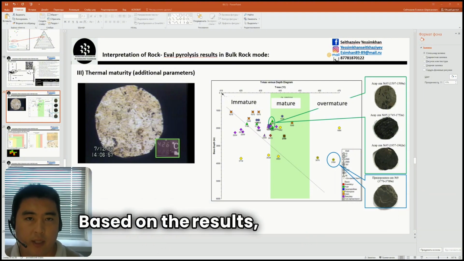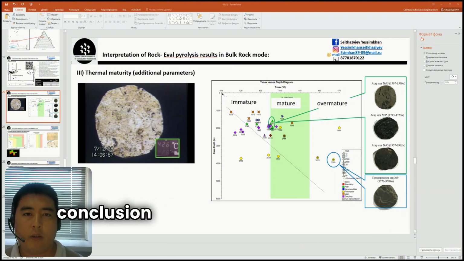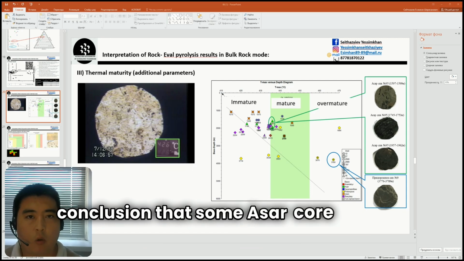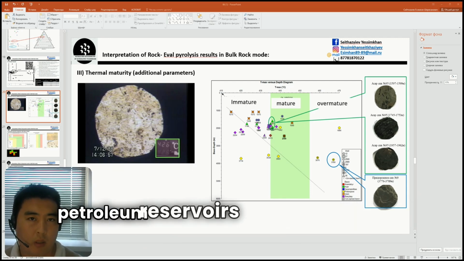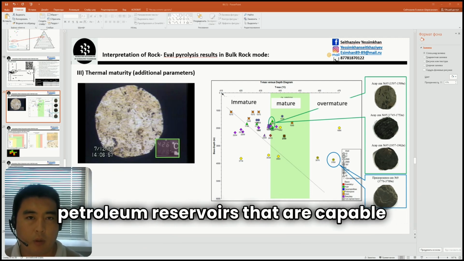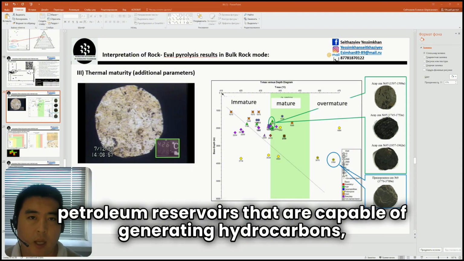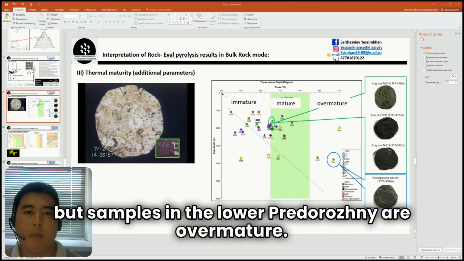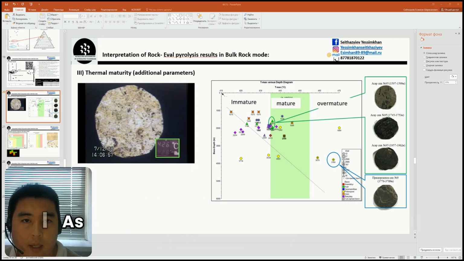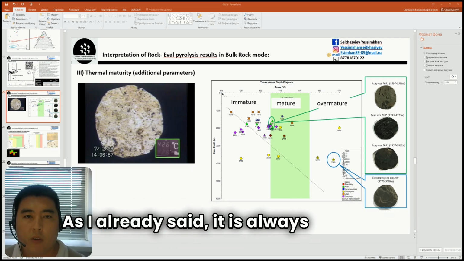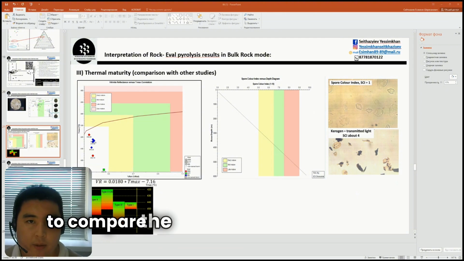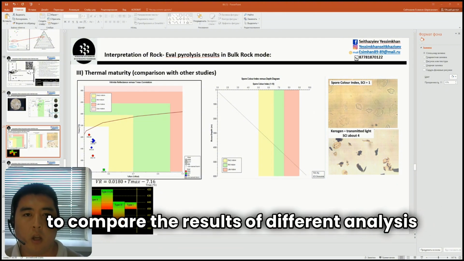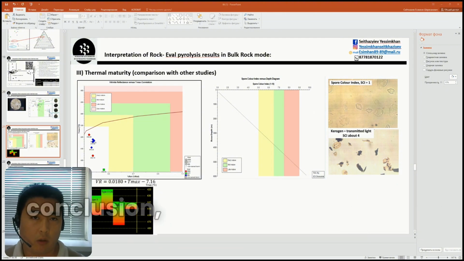Based on the results, we can draw a conclusion that some Akkar core samples are active petroleum source rocks that are capable of generating hydrocarbons, but samples in the lower pre-Derogenic are overmature. As I already said, it is always necessary to compare the results of different analyses to verify the correctness of the conclusion.